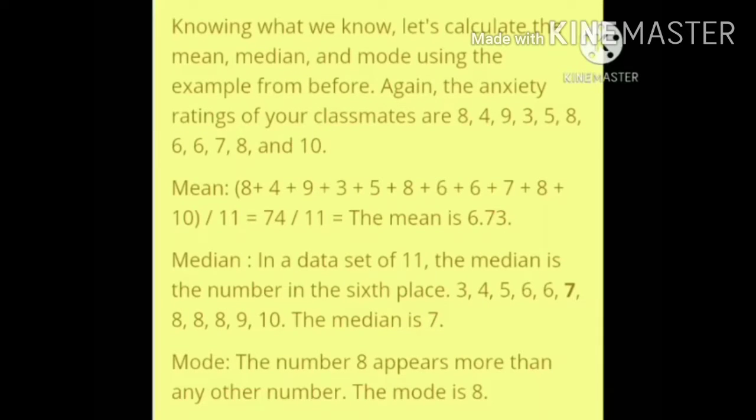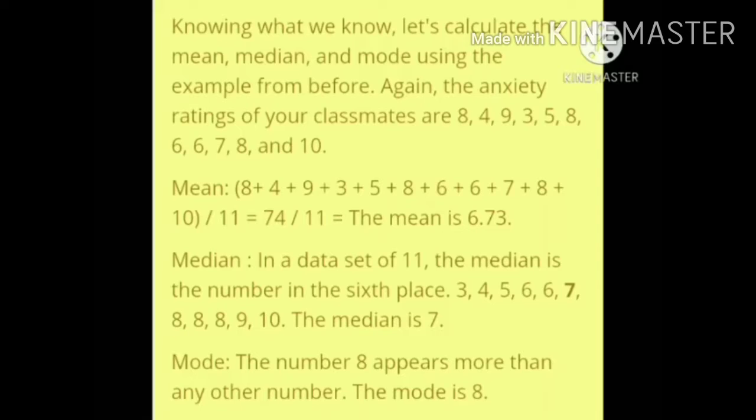Knowing what we know, let's calculate the mean, median, and mode using the examples from before. Again, the anxiety ratings of your classmates are 8, 4, 9, 3, 5, 8, 6, 6, 7, 8, and 10. For the mean, we will add all those numbers and divide by 11.